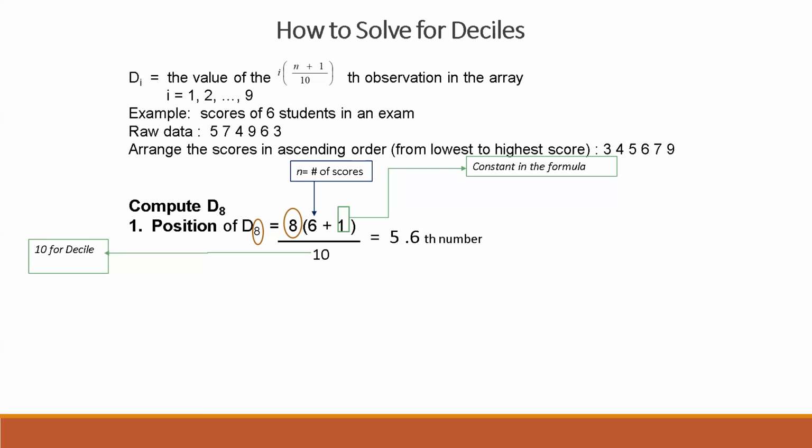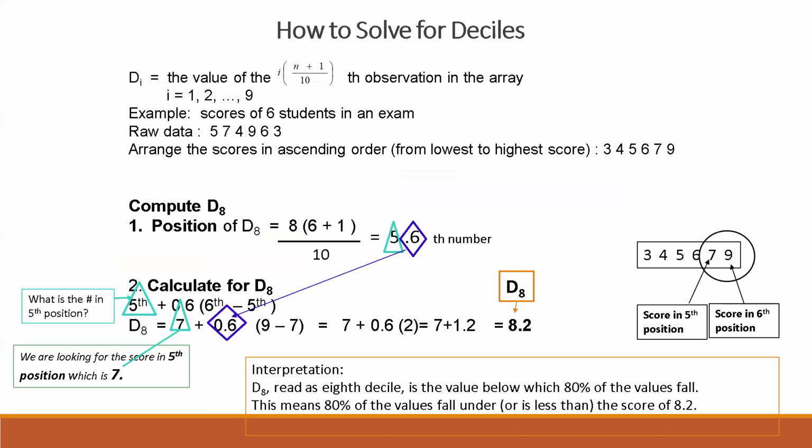So, the 8th decile is calculated as the following. The 5th position value is 7 plus 0.6, multiplied by 9 minus 7, which is 2. So 0.6 times 2 is 1.2. You add it to 7, that becomes 8.2. So our 8th decile is 8.2.